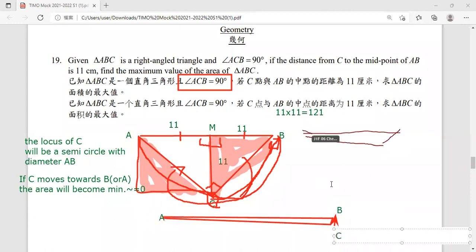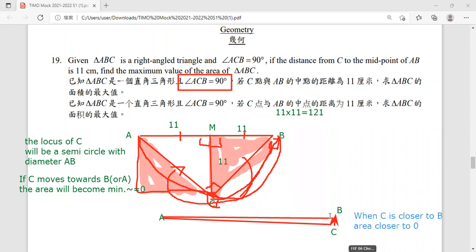You will consider when C is dragged to B, then the other things will become 0. Put C on B.